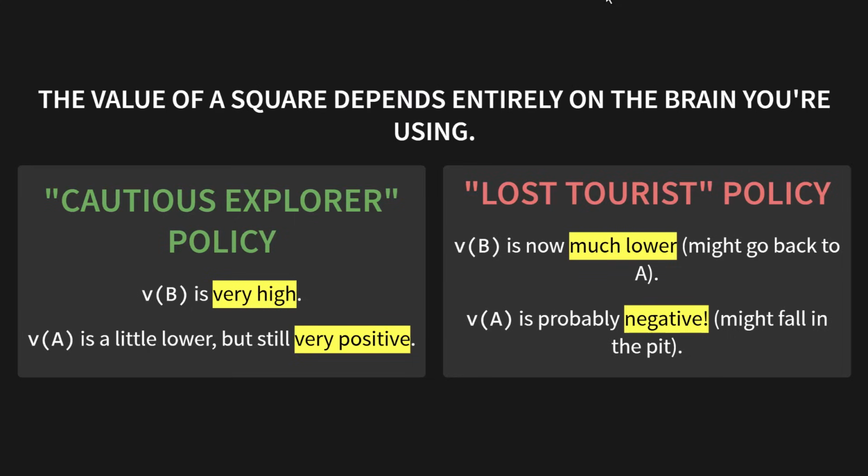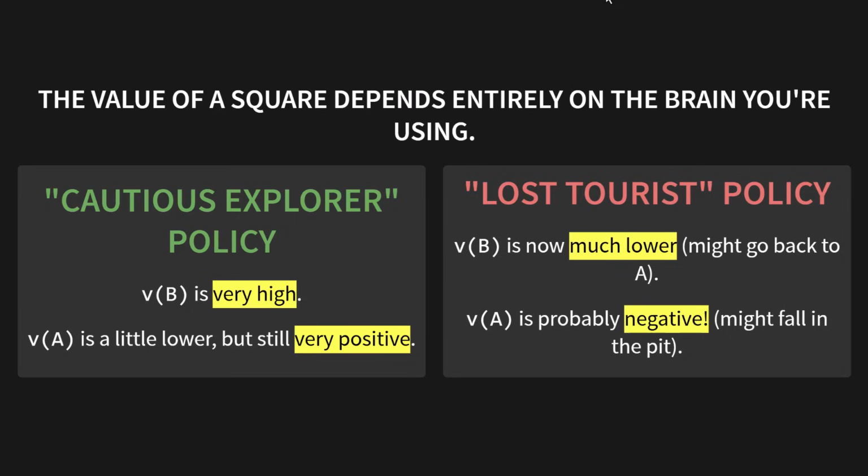And V(A) is probably negative. Why? Because from A, you have a 25% chance of immediately stepping south and falling straight into that -10 pit. The future looks bleak. The state itself didn't change. The policy changed, and so the value of the state changed with it.